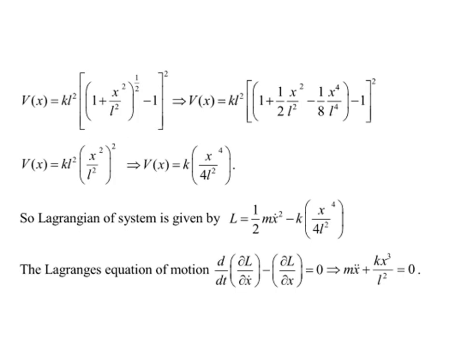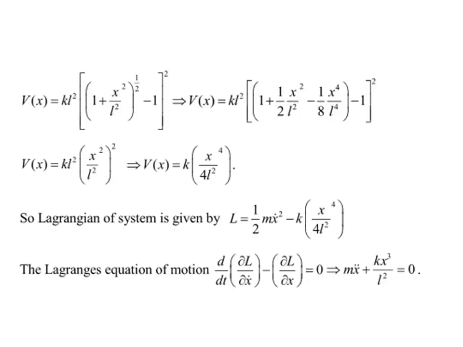Now to solve this problem, we have to go for the binomial expansion because x is small. So rearranging according to the binomial expansion, we get V equal to k L square into (1 plus x square by 2L square minus 1 by 8 into x raised to 4 by L to the 4, etc., minus 1) whole square.